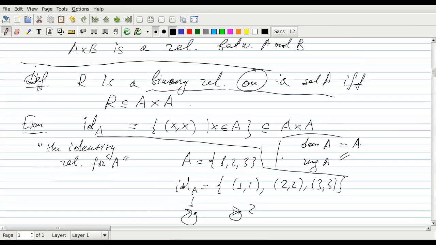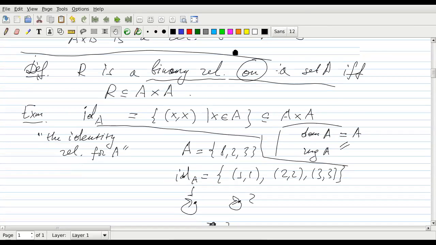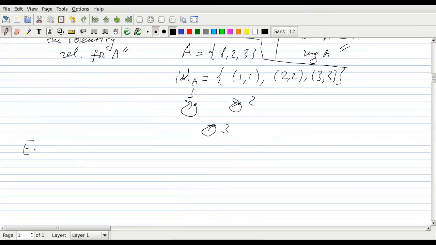Okay. Another example of a binary relation is an infinite one. Less than. Our usual less than is a binary relation on the set of, say, natural numbers. In fact, any ordering is a binary relation. The natural ordering of naturals is a binary relation.